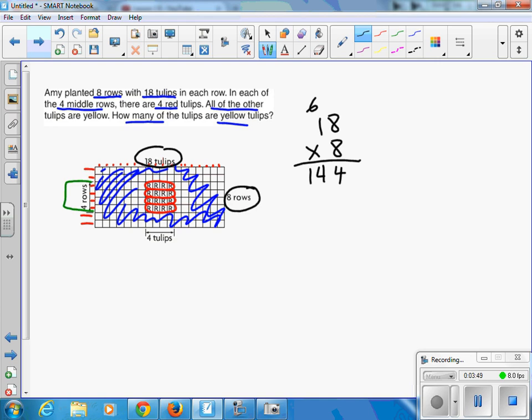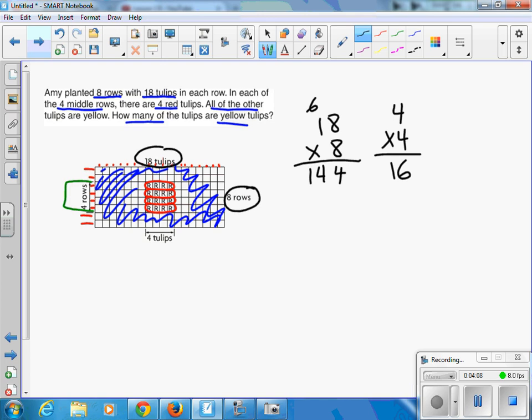Now, do we know anything else? Yep, they're telling us that the 4 middle rows have 4 red tulips in them. So we multiply 4 rows times 4 tulips. 4 times 4 is 16.